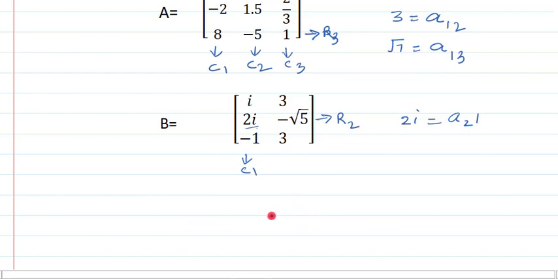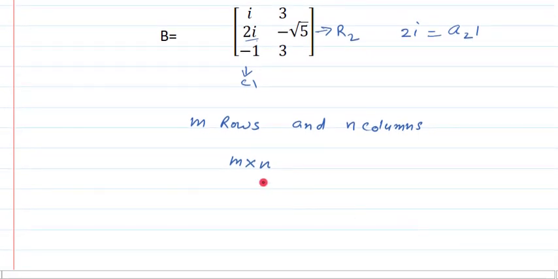Therefore, in general, if we have a matrix with m rows and n columns, then the order of the matrix is represented by m by n, and elements can be named as aij. i represents the row in which the element is lying, and j represents the column in which the element is lying.